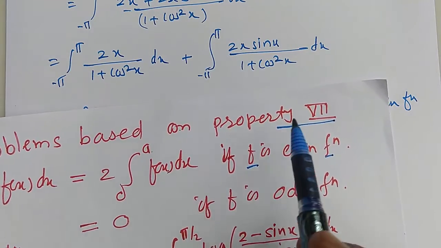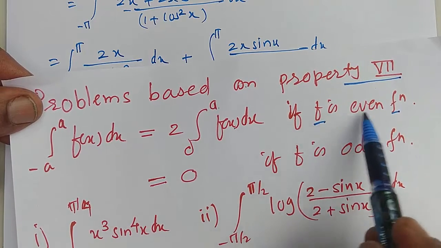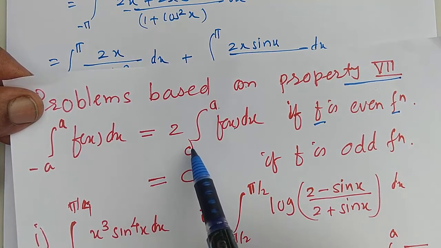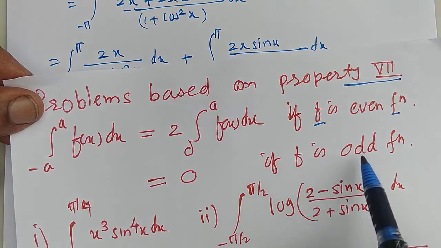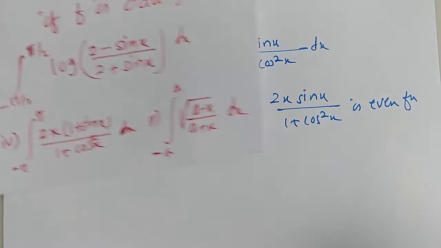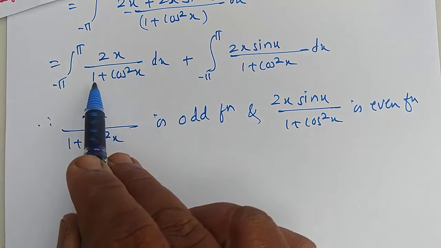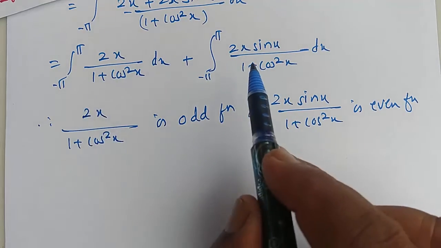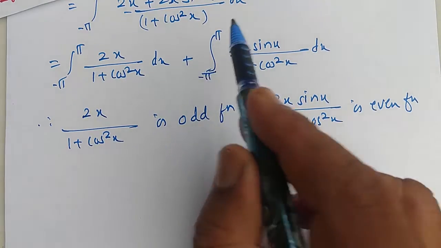We know the property number 7. If f is an even function, then the integral is 2 times integration 0 to a of f of x dx, and if f is an odd function, then it is 0. So the first is an odd function, so the value of this integration is 0 by property 7, and for the second it is 2 times integration 0 to pi.